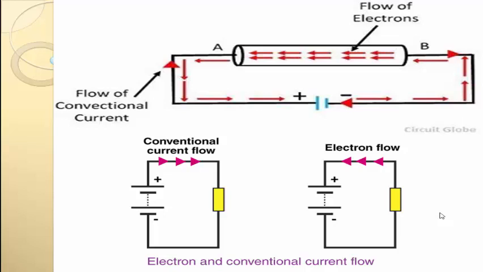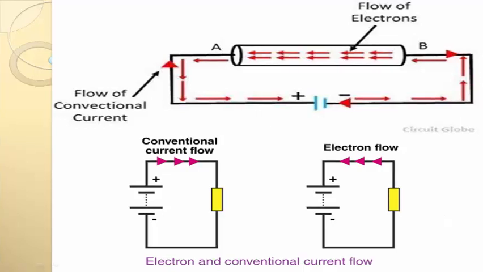When the charges are flowing from the negative end of the battery to the positive end, you get electronic current flow. As end A is connected to the positive terminal of the cell, the conventional current is flowing through the conductor from A to B. The direction of electronic current will be from B to A.